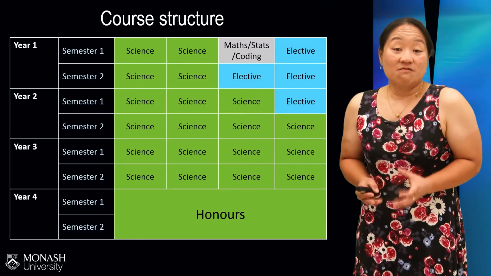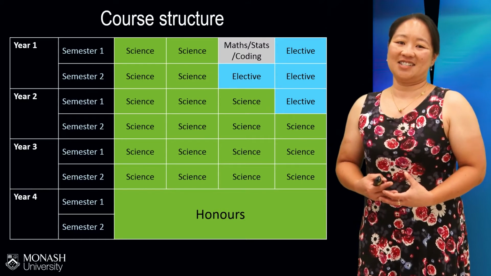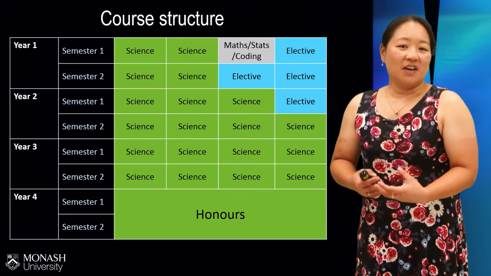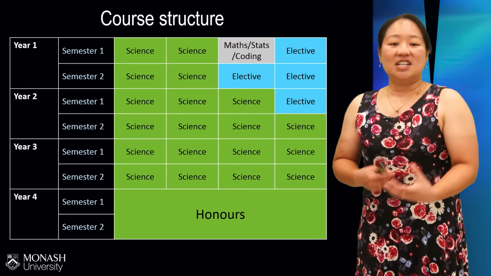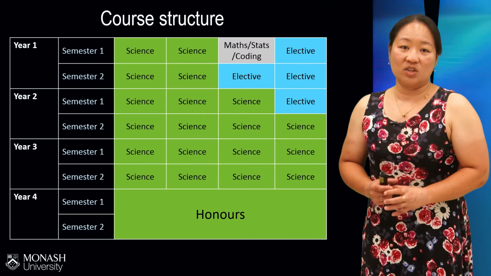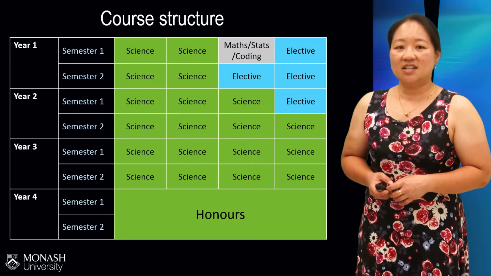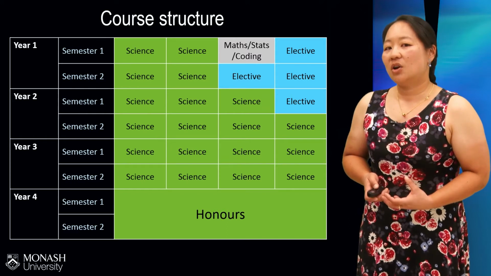This course is really exciting because you can fill all of your units with science units. This is a simplified course structure, and you can see the breakdown in the course structure here with the science units. This course consists of core and elective units and has 5 main components.